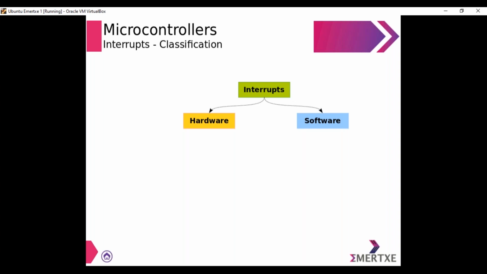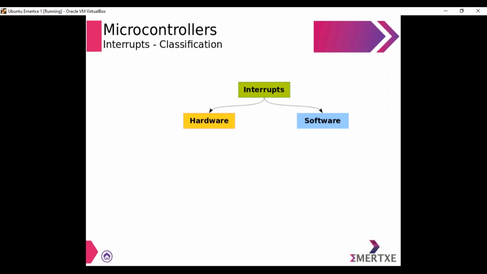An example of a hardware interrupt can be an interrupt with respect to the timer, the UART block, or the ADC. Any interrupt occurring from any hardware is a hardware interrupt. Similarly, even softwares are capable of raising interrupts.